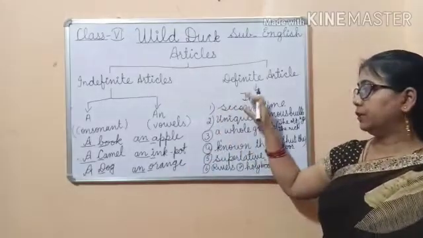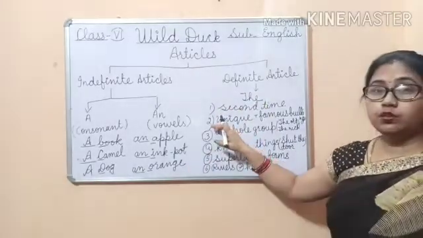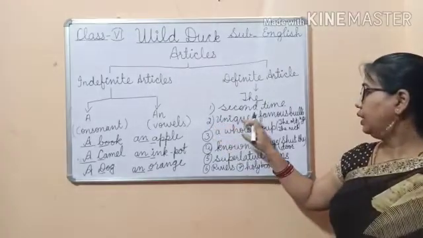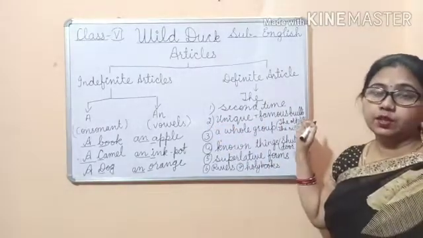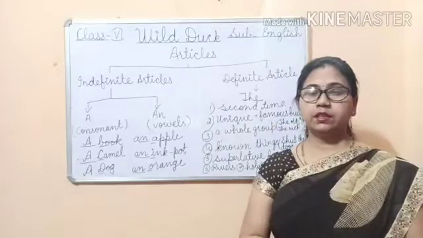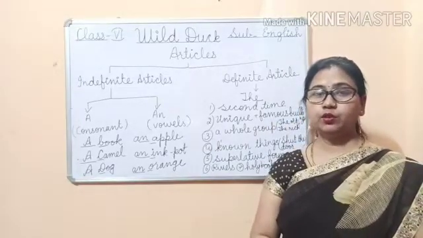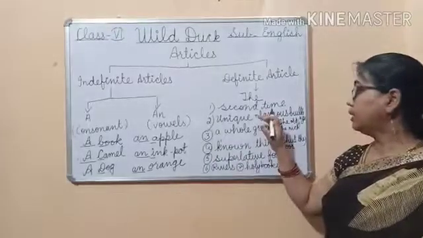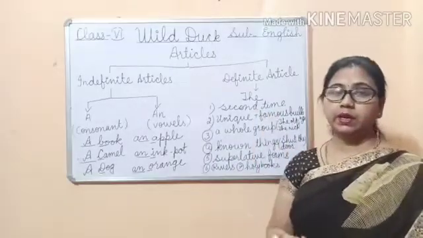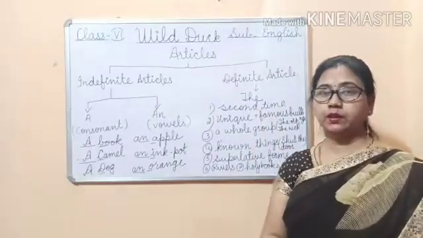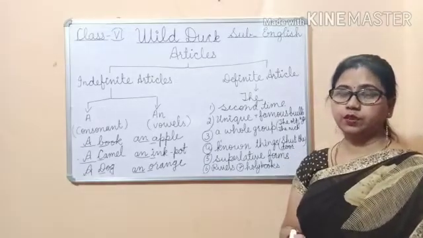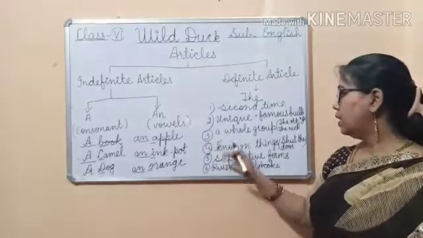We use the for unique things and famous buildings. Unique things means the sun, the moon; they are unique things. And famous buildings means the Taj Mahal, the Qutub Minar; we use the for famous buildings.